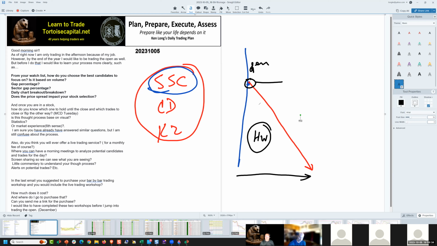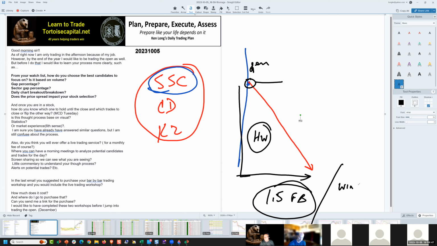And that means it has sold off enough that it's 1.5 frog boxes, and or it's in the winter on MACD, Four Seasons, and it's outside the Red River. That constitutes a harsh winter.